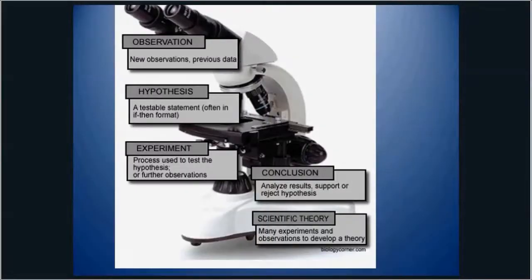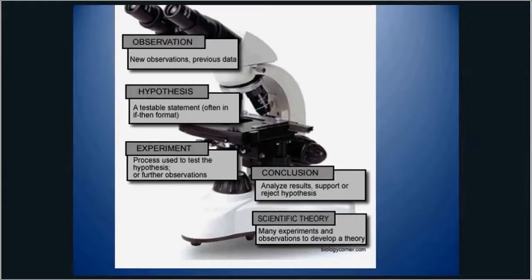An observation includes new observations that you make using your senses or previous data that you learn through research. A hypothesis is a testable statement, often written in an if-then format. Experiments are processes used to test the hypothesis or further observations.